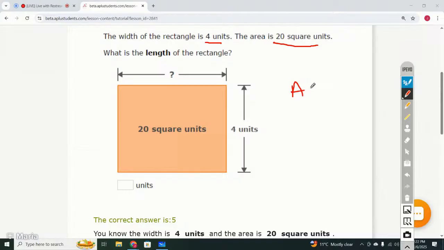We know that the area is length times width. We are given the area that is 20 and the width is 4.